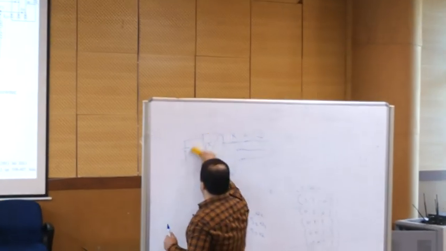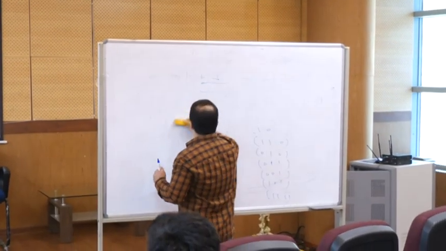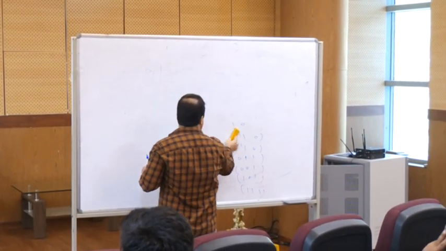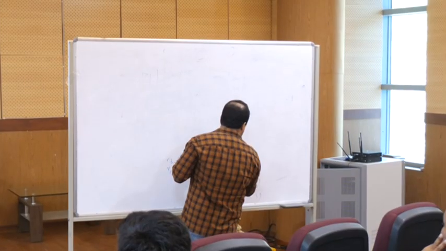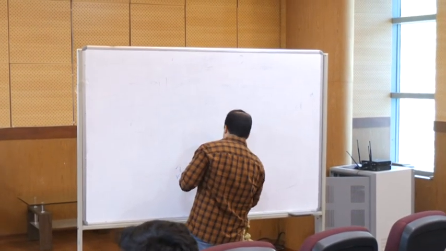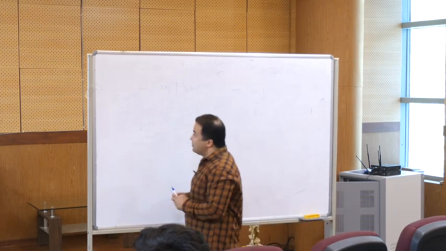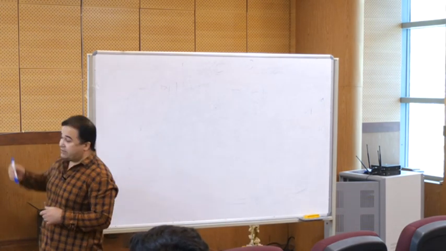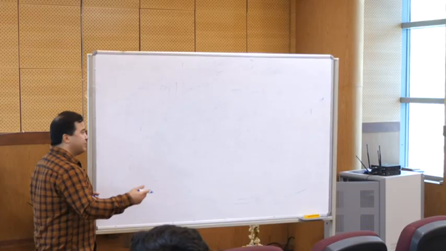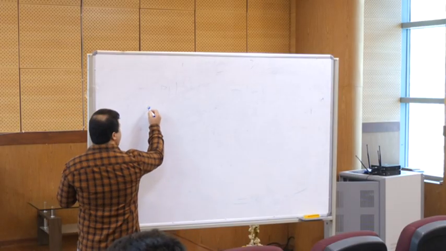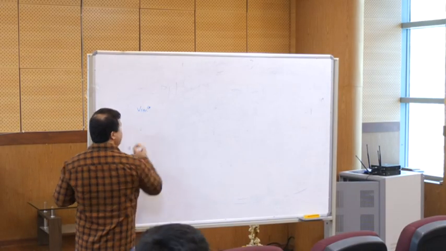So then you will see that the design of the controller for the converter is not as complicated as it seems. We have a converter, yes? We have V1M here.